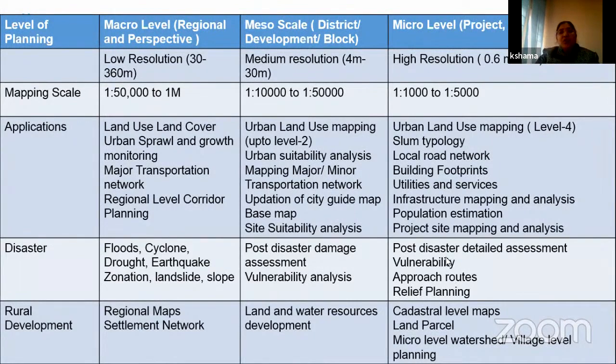Now it can be utilized for post-disaster detailed assessment. Suppose there is an earthquake, there are many buildings which are completely damaged. So those damaged buildings can be mapped using your remote sensing data in the lab itself. And then you can identify approach routes. See, nowadays with Google Map, all the road network has been digitized using very high resolution satellite data.